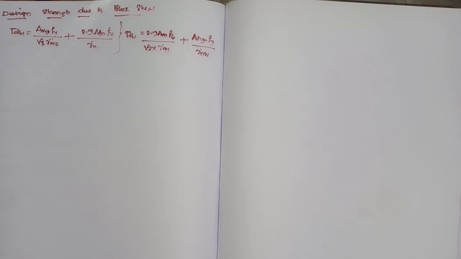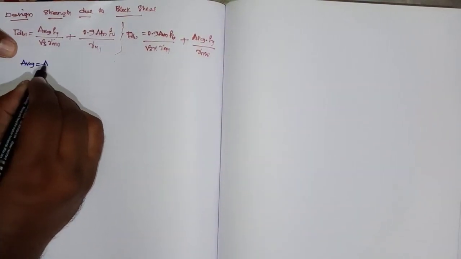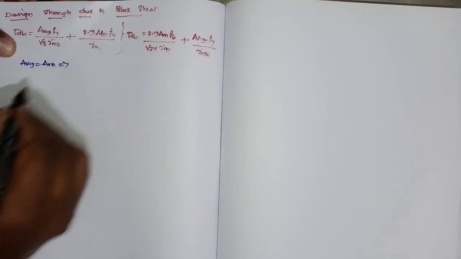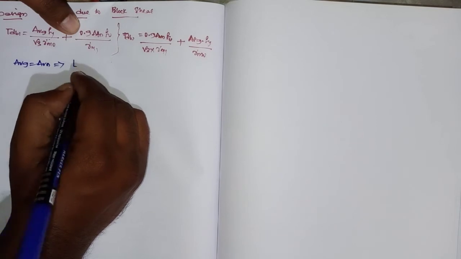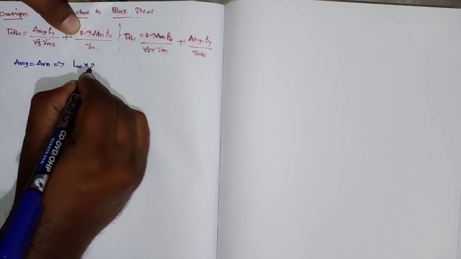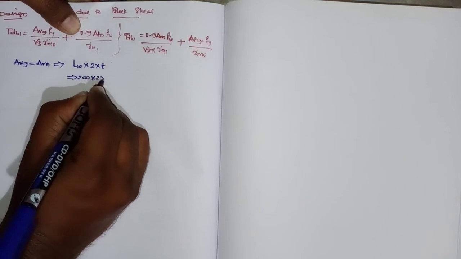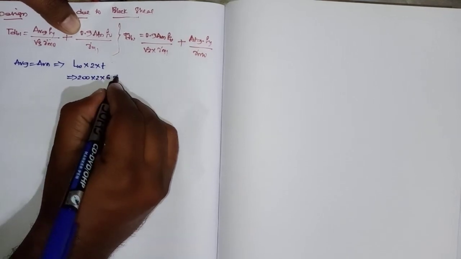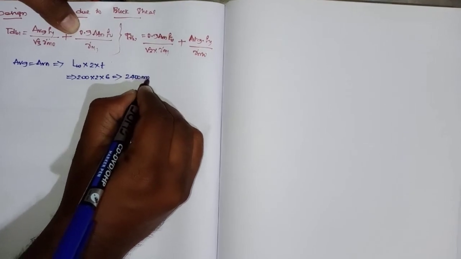First, area under shear, AVG or AVN. Now what is the length of the weld given? LC, length of the weld is given as 200 into 2 into thickness, so 200 into 2 into 6 mm, 2400 mm square.